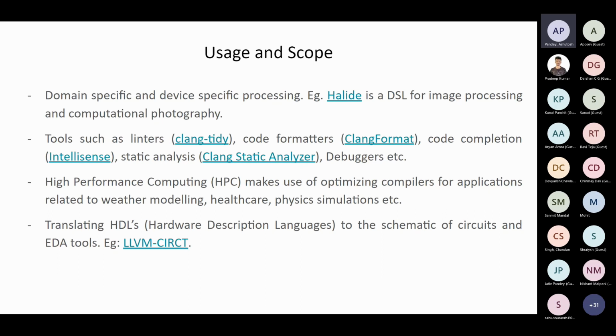So there are tools such as linters, code formatters, then you have code completion on VS Code. You might have seen IntelliSense. Then there are static analysis tools that can point out things statically. Then there are debuggers, like the GNU debugger and LLDB. All of these use compiler tech in some way or the other.